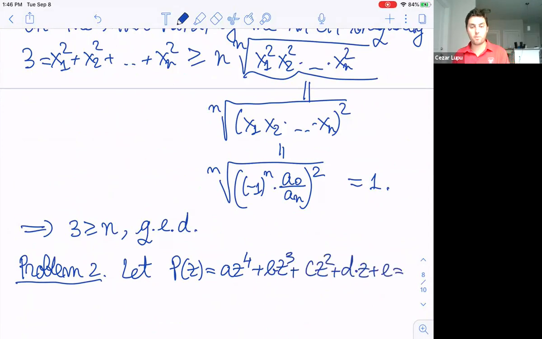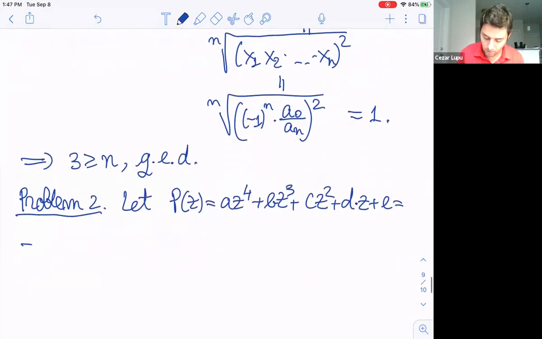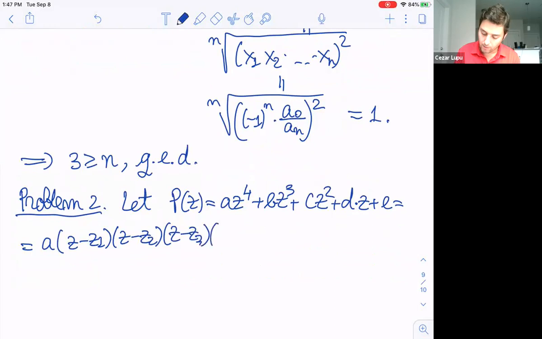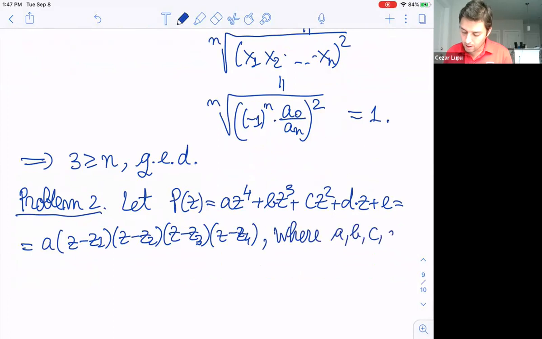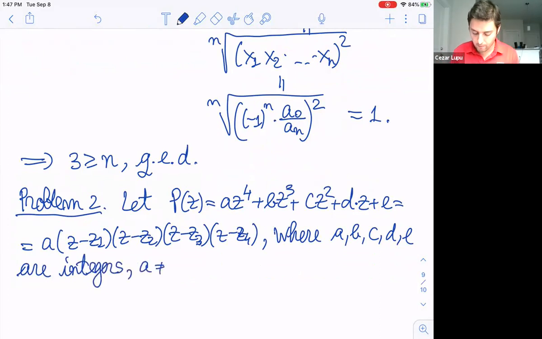This is a degree 4 polynomial at this point. You can write this in this way: a times (z minus z1) times (z minus z2) times (z minus z3) times (z minus z4), right? And where these guys, a, b, c, d, and e, are integers, and a is different than 0.